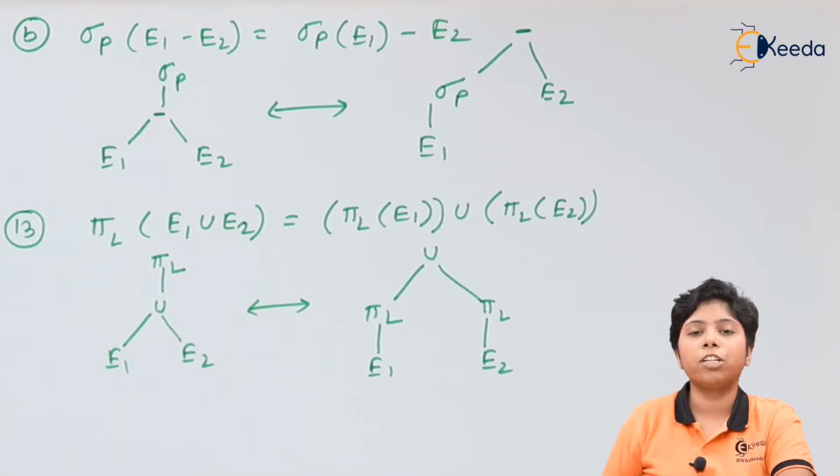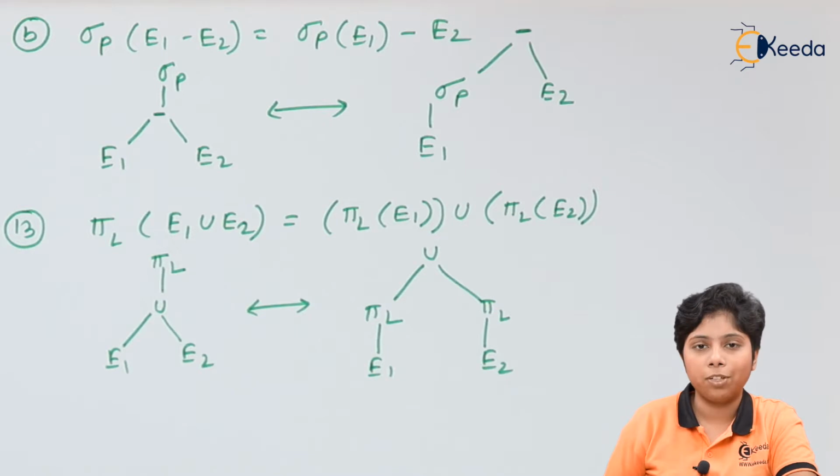So this is all for the equivalence rules that we have described. Now we will move to the next part, where we will solve problems using these equivalence rules to transform relational expressions.